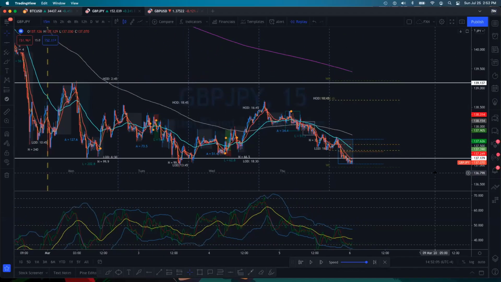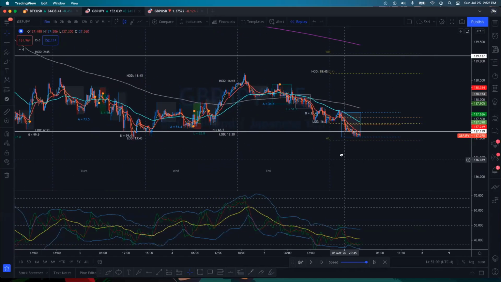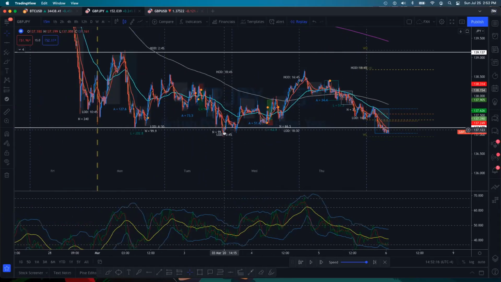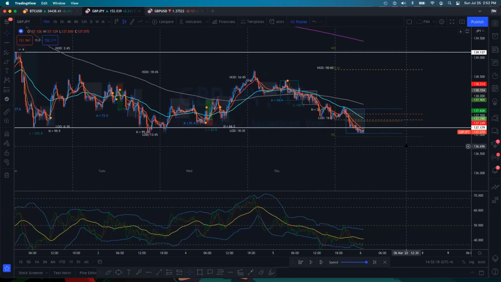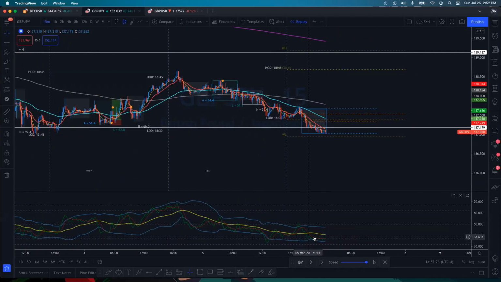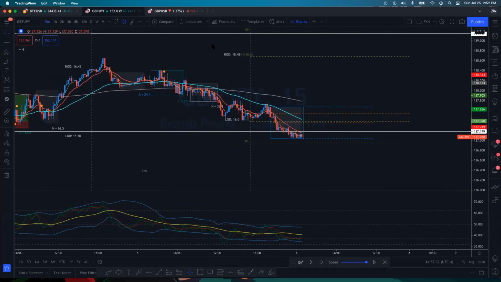But here's Friday, and an interesting point is that we're now a little bit below the line here on Friday. We're super extended out on the TDI as well. And pay attention to the EMAs here as well too.